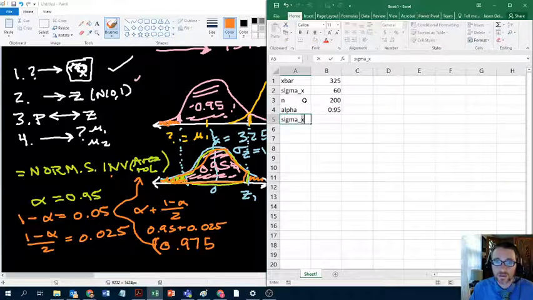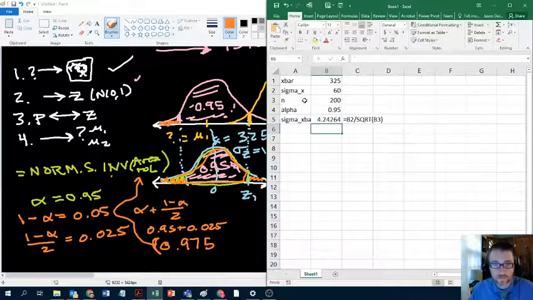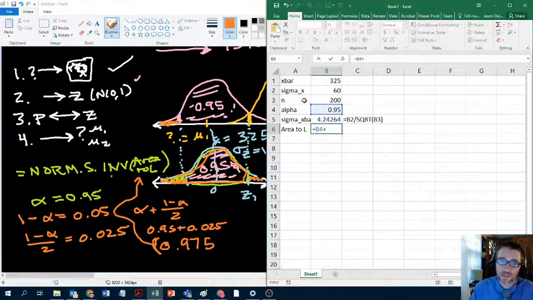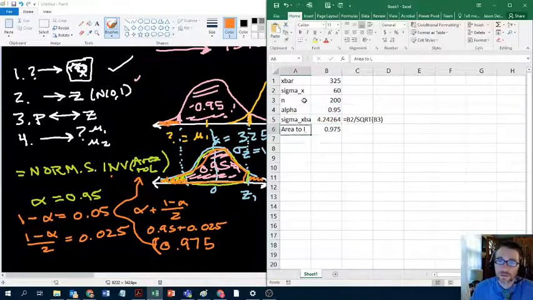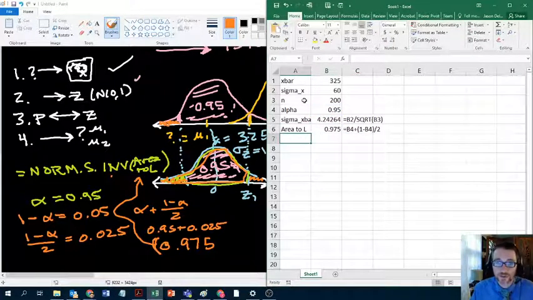Those are all just hard-coded. Sigma x bar is sigma x divided by the square root of n. And then our area to the left, that is going to be this plus 1 minus this divided by 2, 0.975. And that should let us get our z.